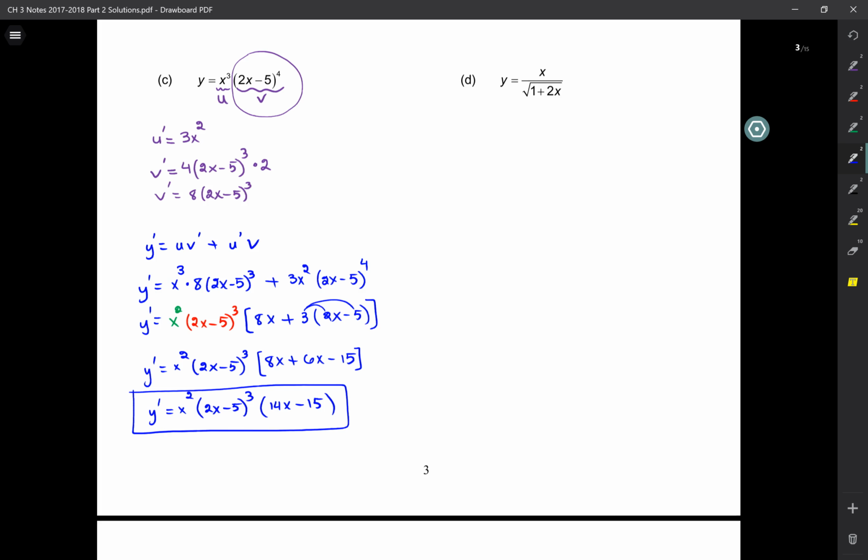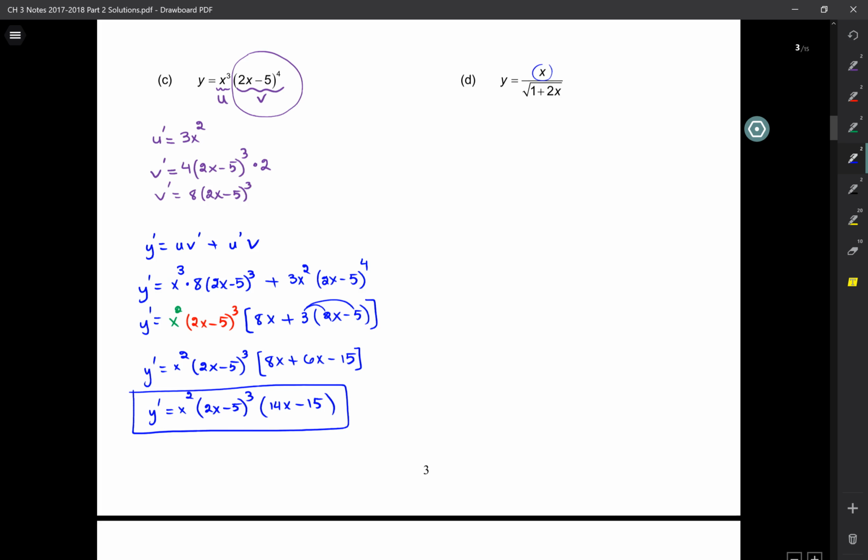Now, what's happening with the second one? What are we going to use for the second one? Quotient rule. So, what you're going to do is, again, low, D high. Same situation.